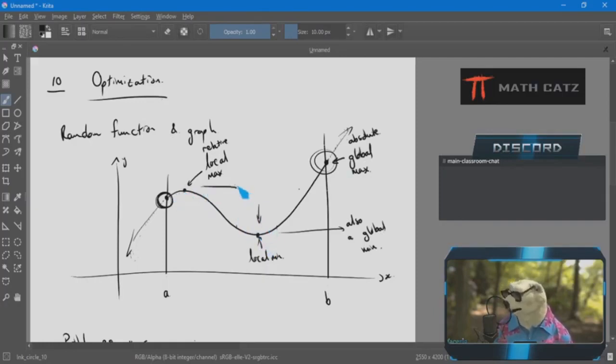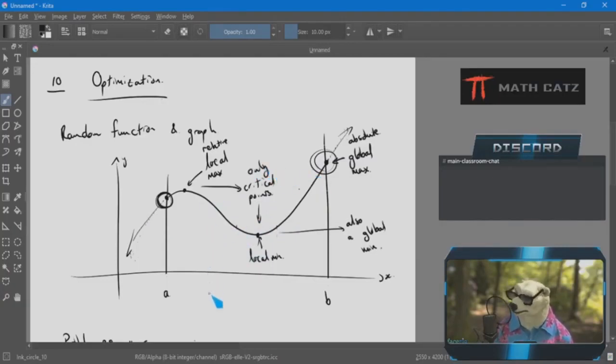These will always be critical points. Critical points, or endpoints. It doesn't matter how it behaves. If it's not a critical point or an endpoint, it cannot be a maximum or a minimum of any kind. Only the endpoints have to be checked manually.